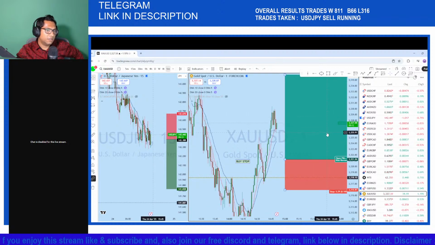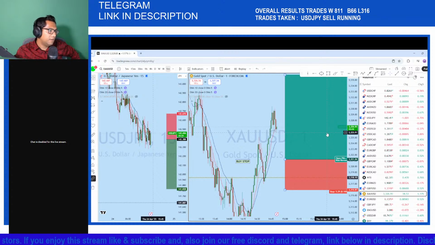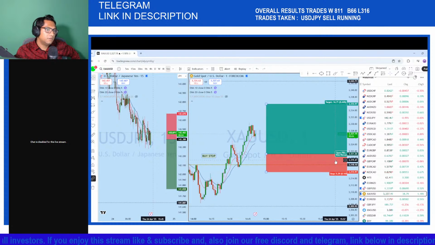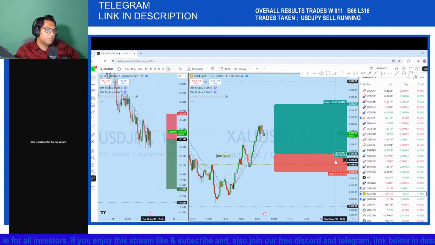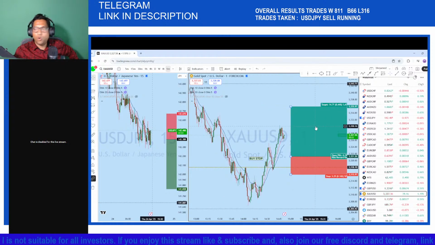Okay, so there is another amount of liquidity grab here. The bias looks to me still bullish, so I'm holding it.